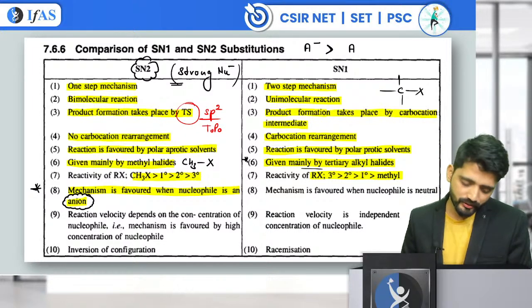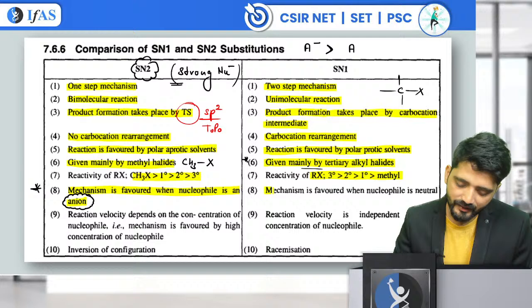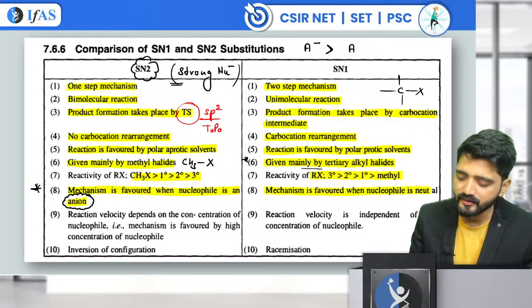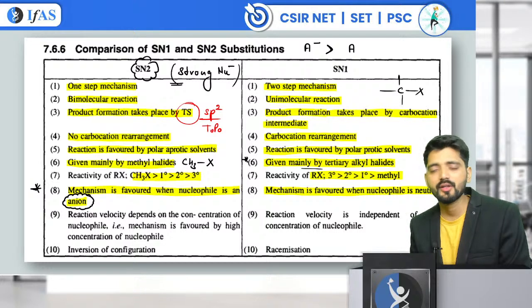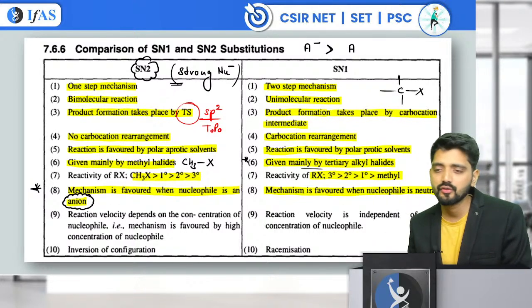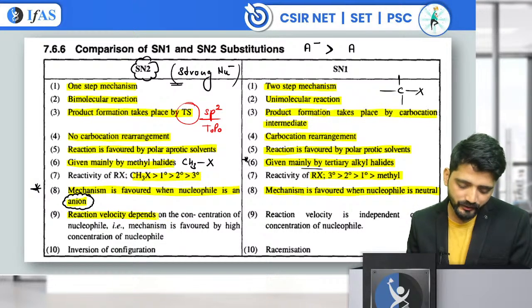And if I talk about the SN1 side, it says that the mechanism is favored when the nucleophile is neutral in nature. Of course, because of lower nucleophilicity, as we are using solvents as a nucleophile. Point number 9 says that reaction velocity depends upon the concentration of the nucleophile.